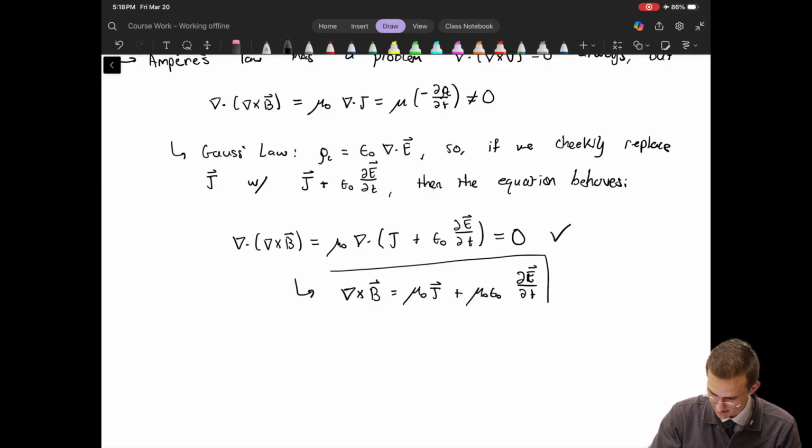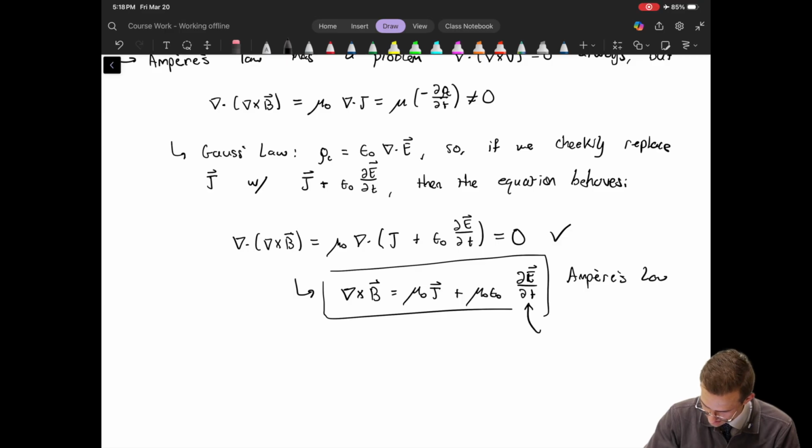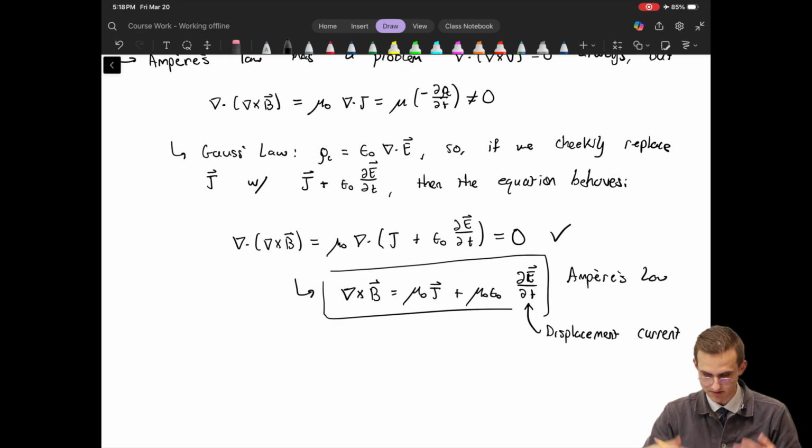So that's actually Ampere's law. And this thing right here is called the displacement current. This was actually Maxwell's big contribution to electrodynamics, and why the set of equations are really named after him, because this was his big insight.